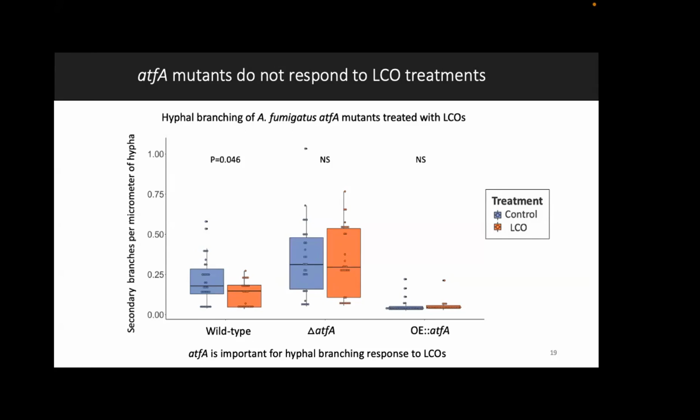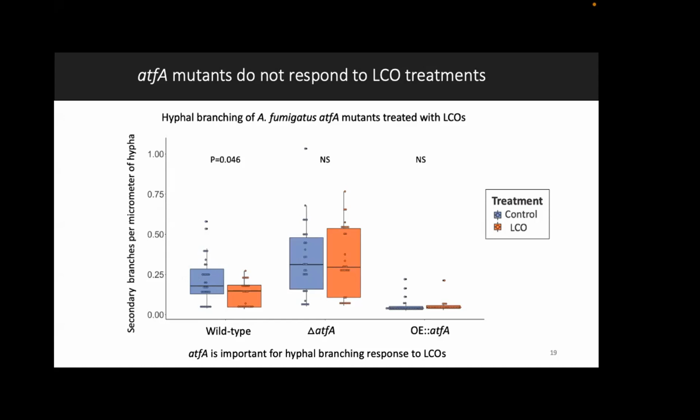And here we're looking at secondary branches per micrometer. We have 3 strains, the wild type, the deletion and overexpression ATFA, and our 2 treatments, a control on the left, and LCOs on the right. In the wild type, we see that expected reduction in secondary branches, but in the deletion ATFA and overexpression ATFA, that seems to be gone.